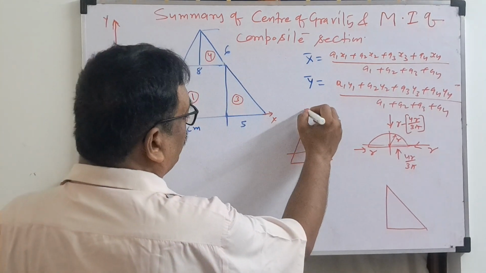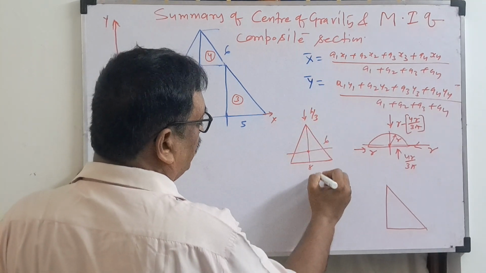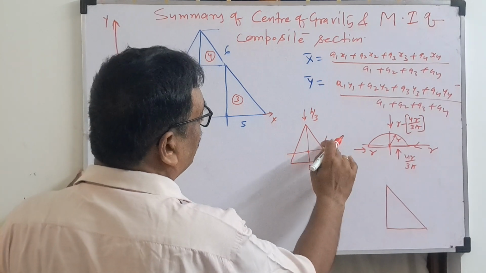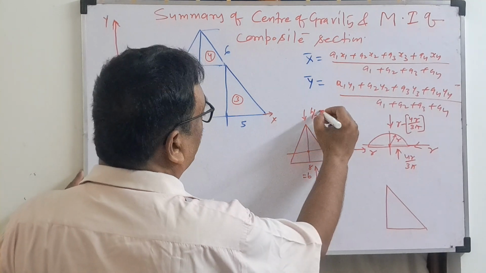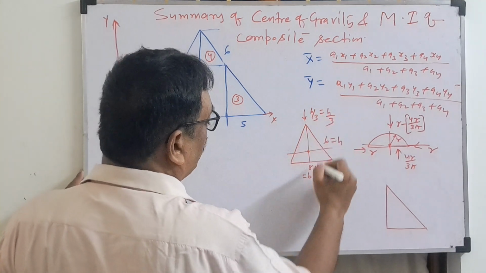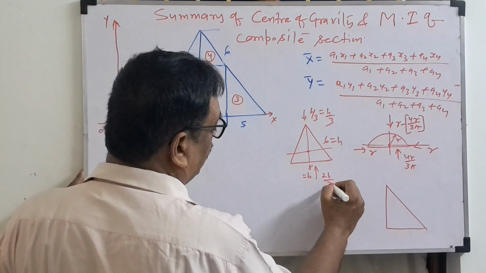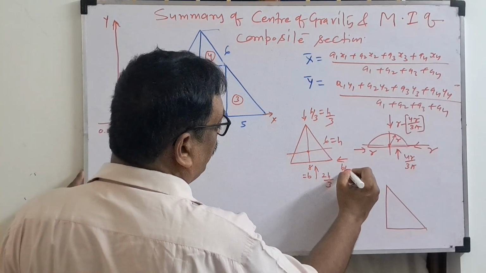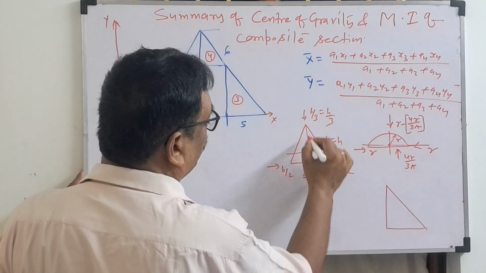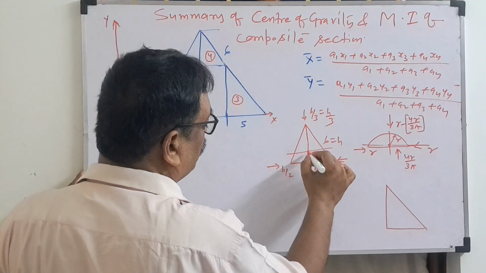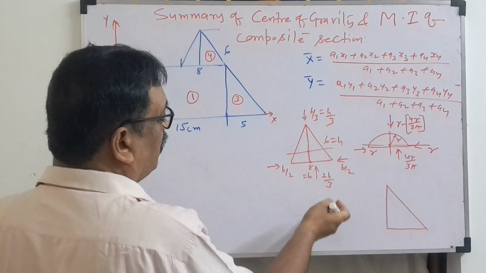If we see from the top, it is 2h by 3, with h equal to the height. Going from the bottom, it is h by 3. From this side it is b by 2, and from this side also b by 2, because we have to reach this point only. So this point will be the same from both sides: b by 2 and h by 3 from the base.